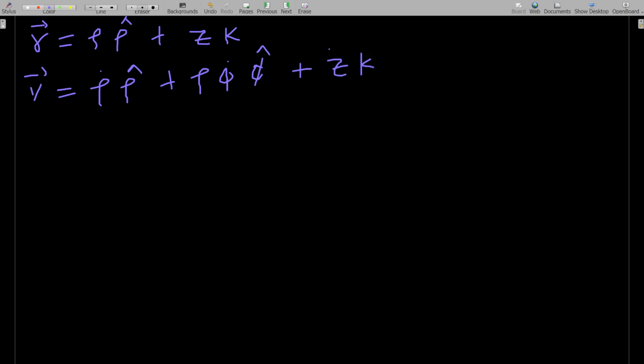Then your acceleration is the same thing. The first two terms are always the same for polar and cylindrical; in cylindrical, there's a z component attached to it.